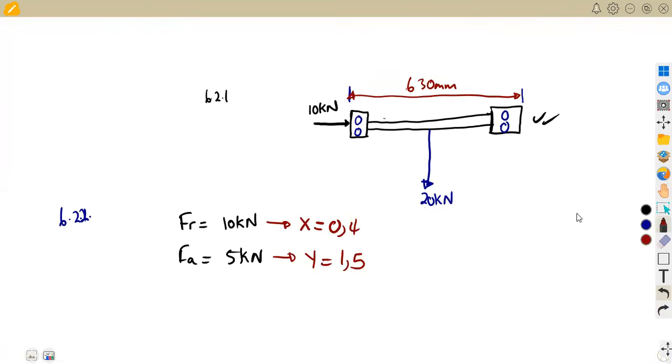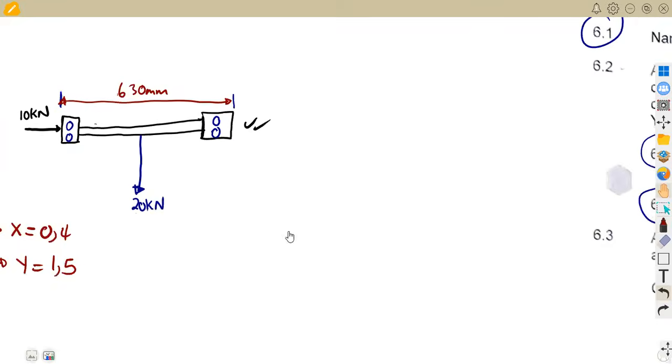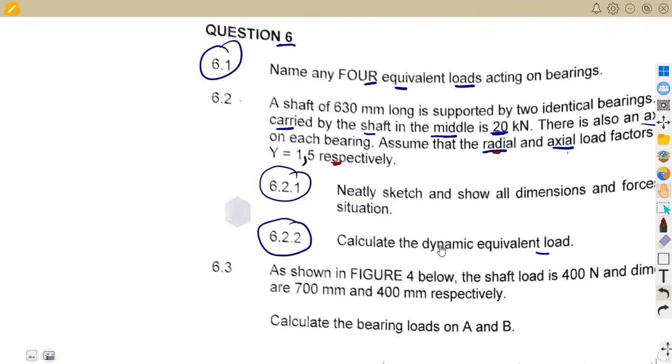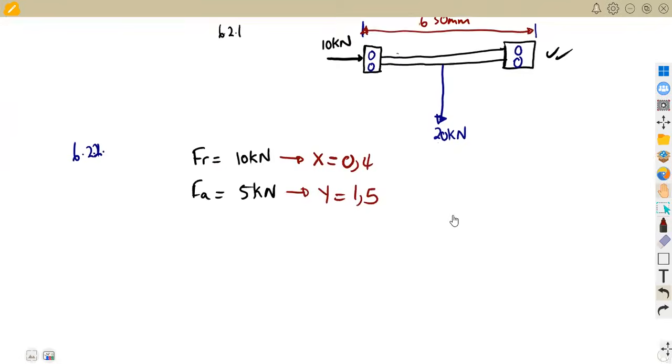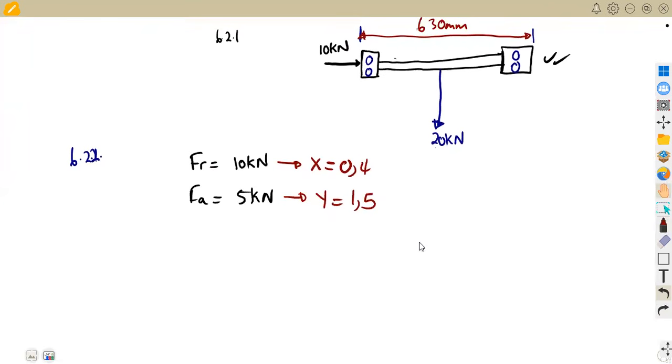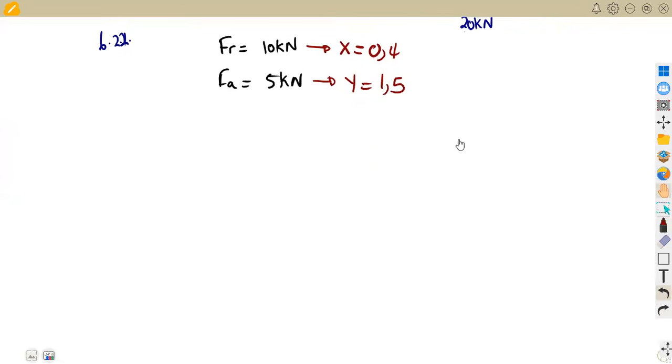So the question is, we are supposed to calculate the dynamic equivalent load. That is the one that we need, which is given by the formula PR in this case. All right, so having this information, this is enough.